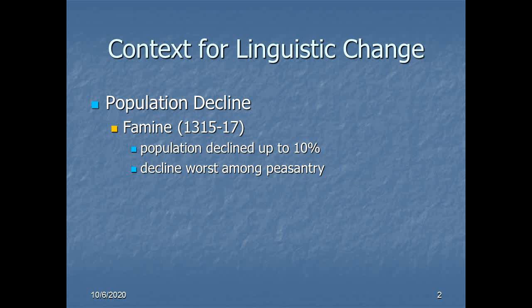Now, as you probably will expect, the worst effects were felt among the lowest classes, among the poor, among the peasantry. And yes, that is devastating. The people doing the work to support the society are virtually always the ones who are seen as most disposable, and the ones who have least access to help, to additional resources when their regular resources fail.